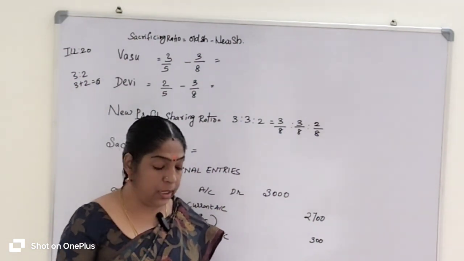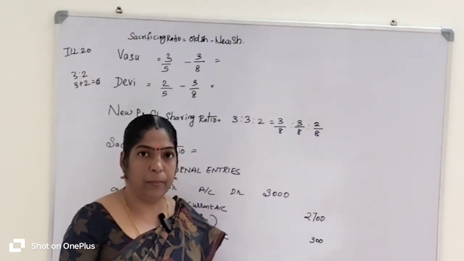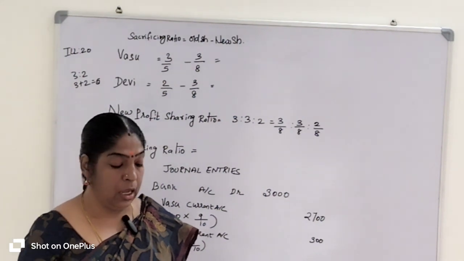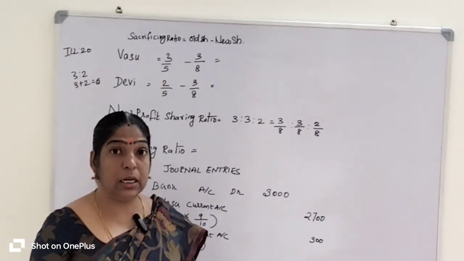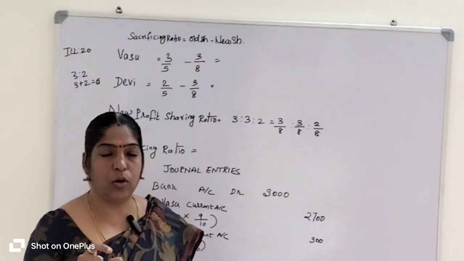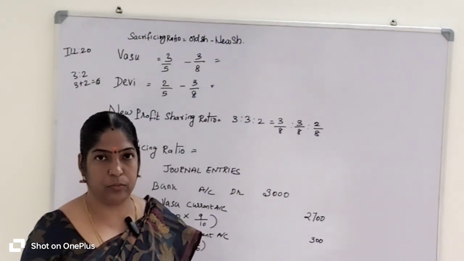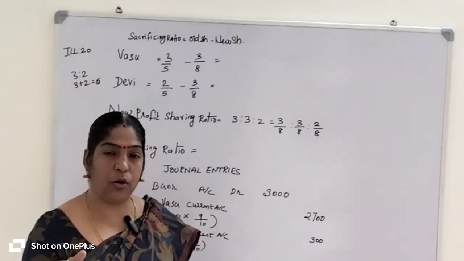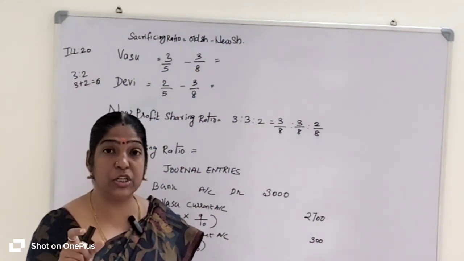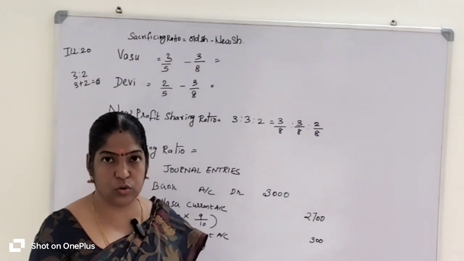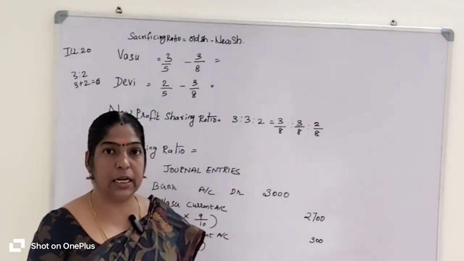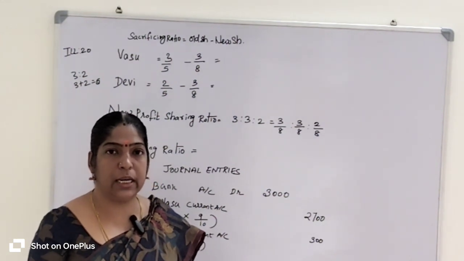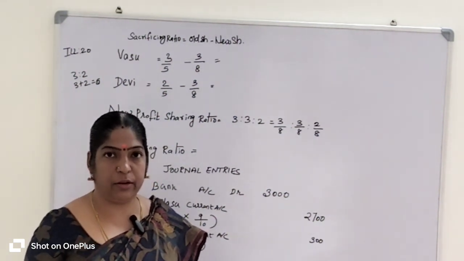What they asked us to do is pass the necessary journal entry for goodwill. How can you pass the journal entry? We need to know the sacrificing ratio. If they didn't mention the sacrificing ratio in the question, we can assume the old profit sharing ratio as the sacrificing ratio.